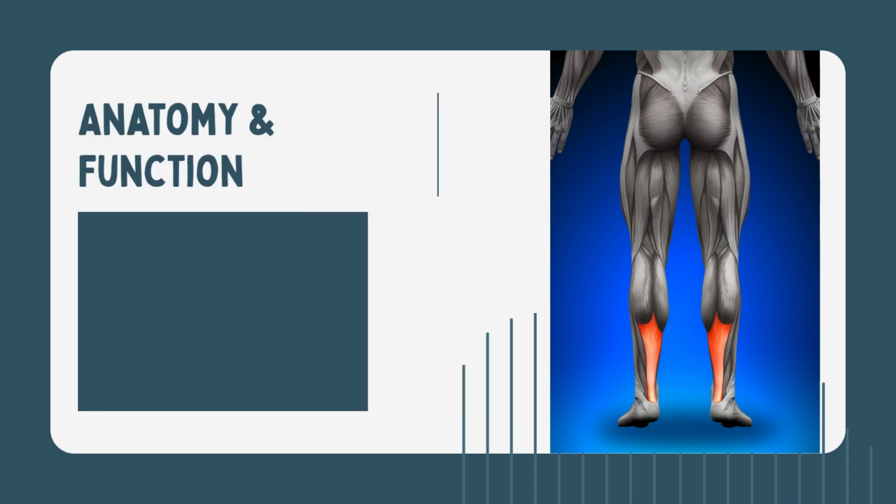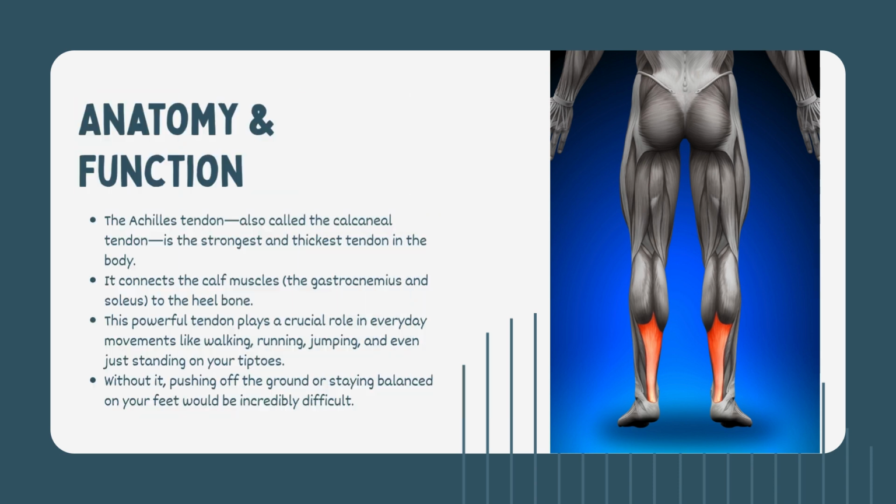Okay. Now let's talk about the Achilles itself in the form of the anatomy. Where is it? How is it made up? For everybody who's been on Mars for the past day or so, the Achilles tendon is a part of your calf muscle, and it originates as a piece of tendon that connects your gastrocnemius and your soleus to your heel, or your calcaneus.